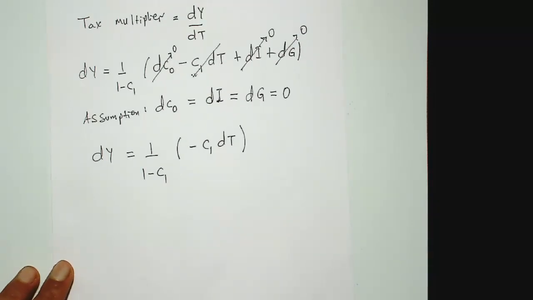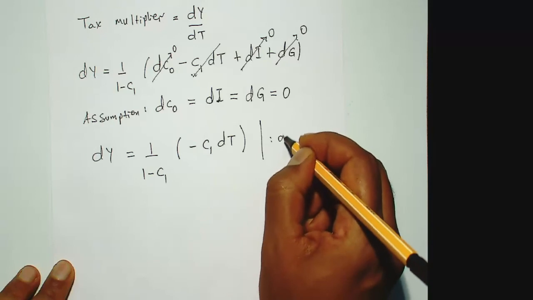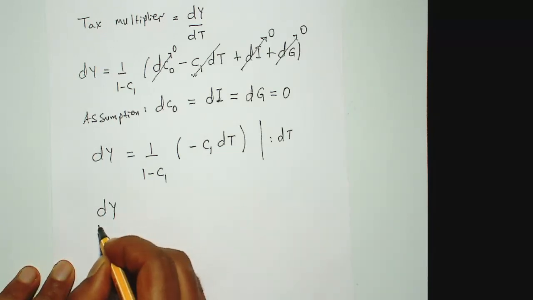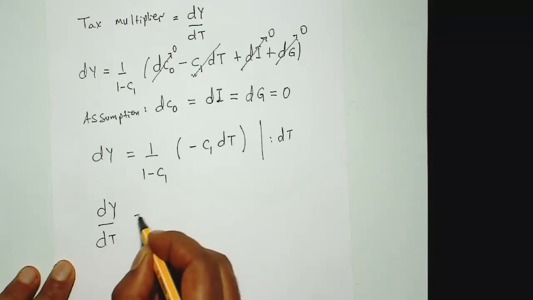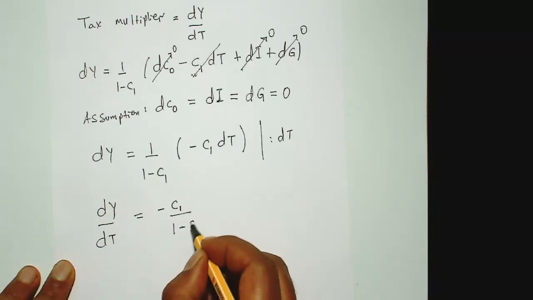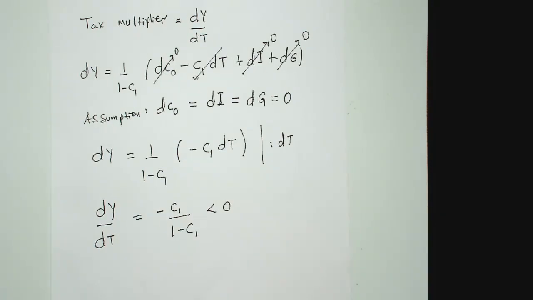As I have said, the tax multiplier is dY over dT, so I divide both sides by dT, where I get dY over dT is equal to minus C1 over 1 minus C1. And this amount is less than 0.